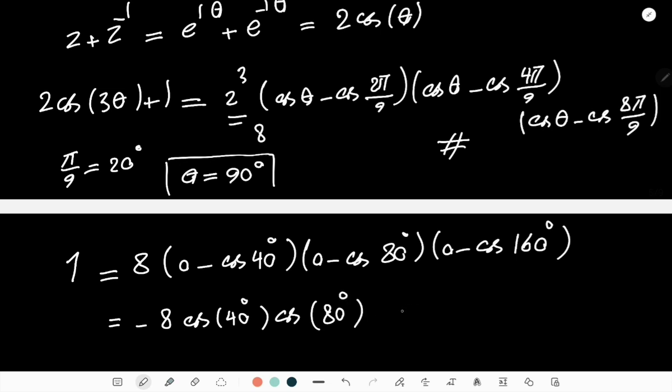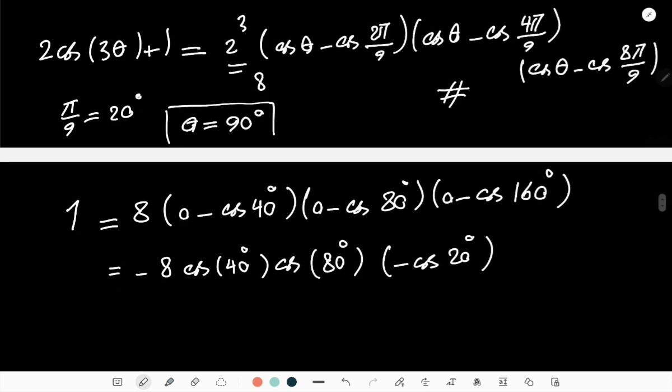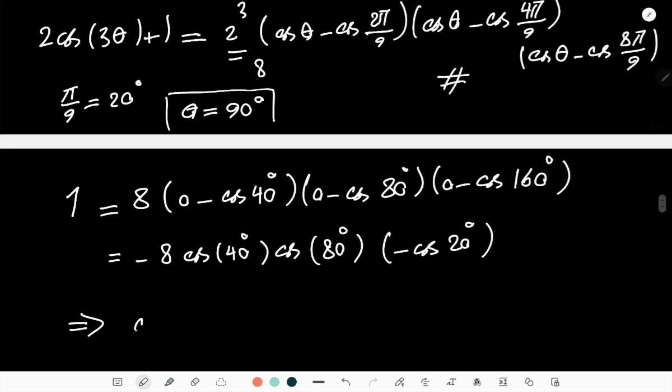Then cosine of 160 basically can be written as minus cosine of 20 degrees. Okay, so the minuses will cancel each other. So basically you get cosine of 20 degrees times cosine of 40 degrees times cosine of 80 degrees. This is nothing but 1 over 8.